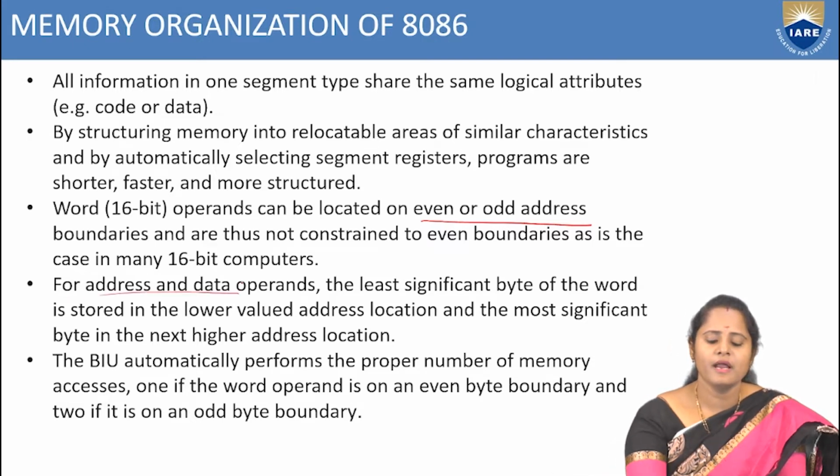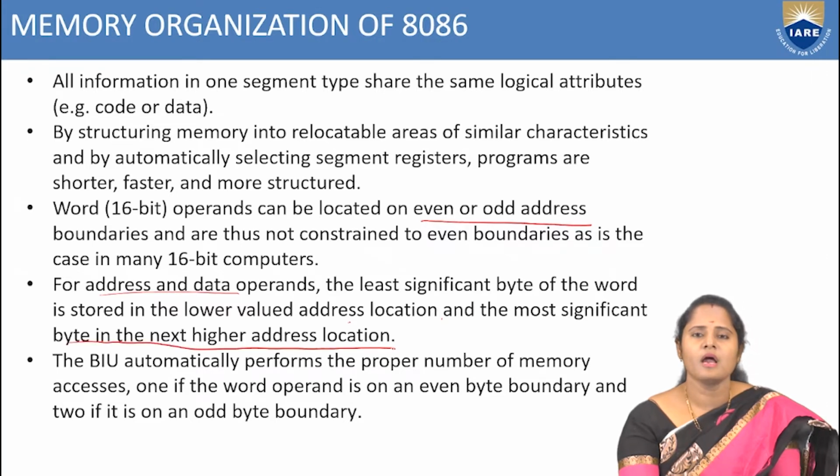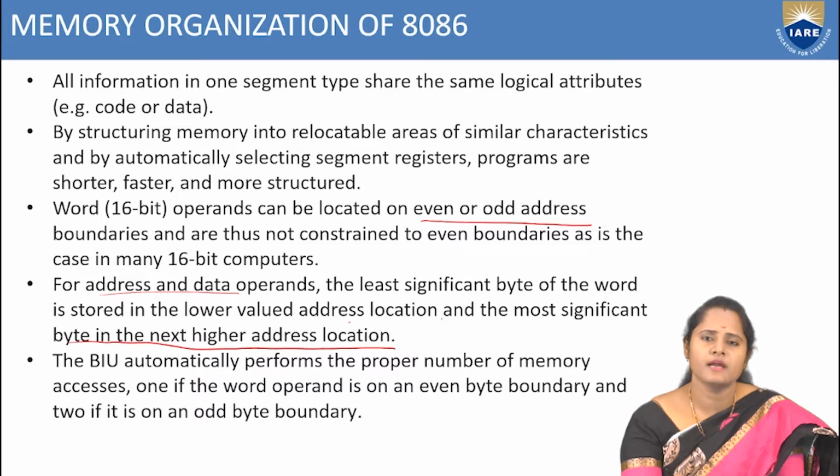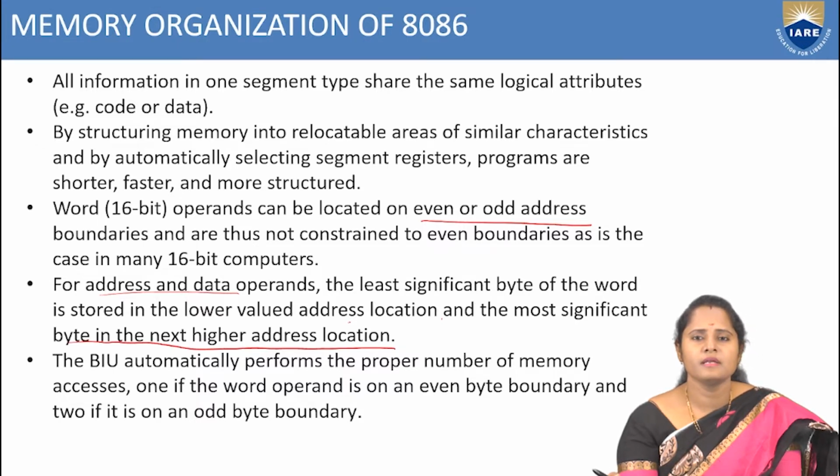For address and data operands, the least significant byte of a word is stored in the lower value address location, and the most significant byte is stored in the higher address location. The data you are giving consists of a lower byte as well as a higher byte.